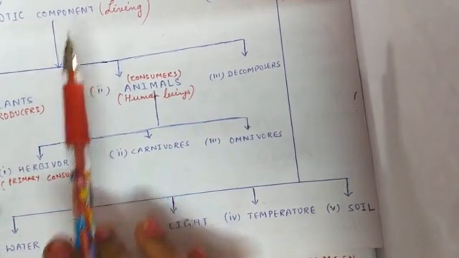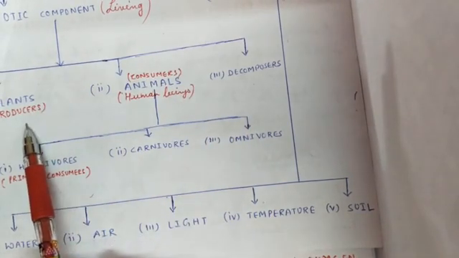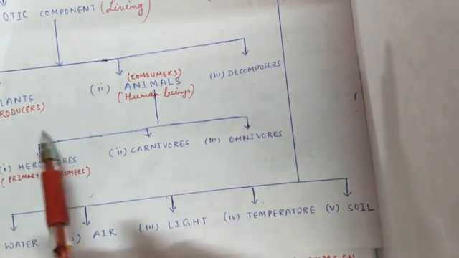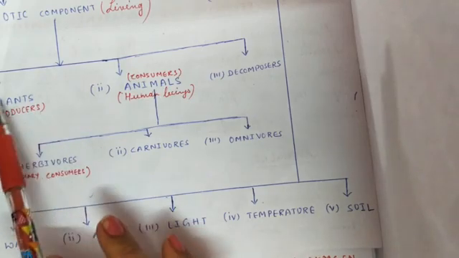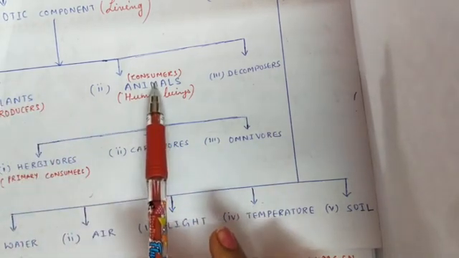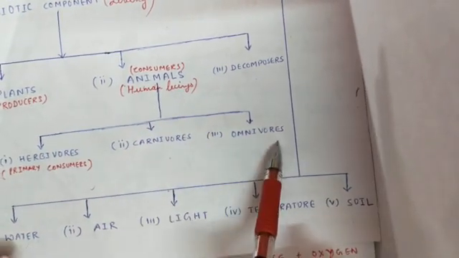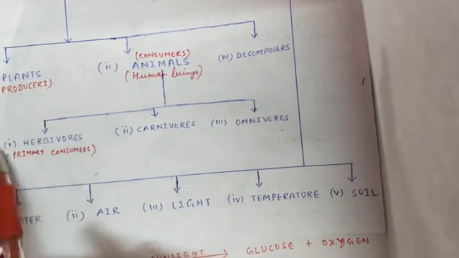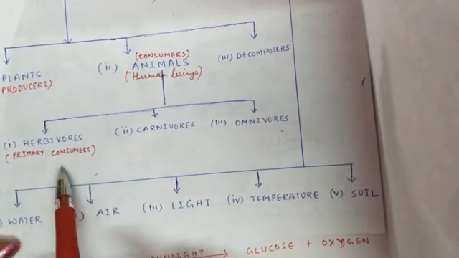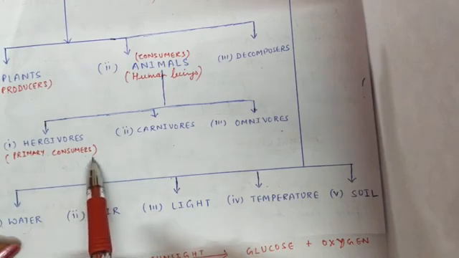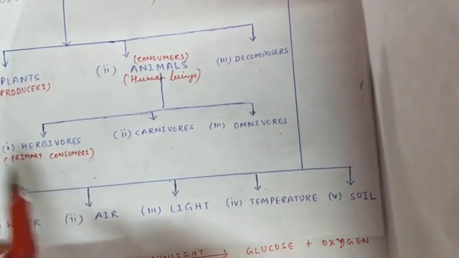Biotic component can be divided into three groups. Plants, also known as producers, can prepare their food with the help of a process known as photosynthesis. Animals can be of three types: herbivores, carnivores and omnivores. Herbivores are those who feed directly on plants, and that is why they are known as primary consumers. For example, cow, goat, buffalo, all these.